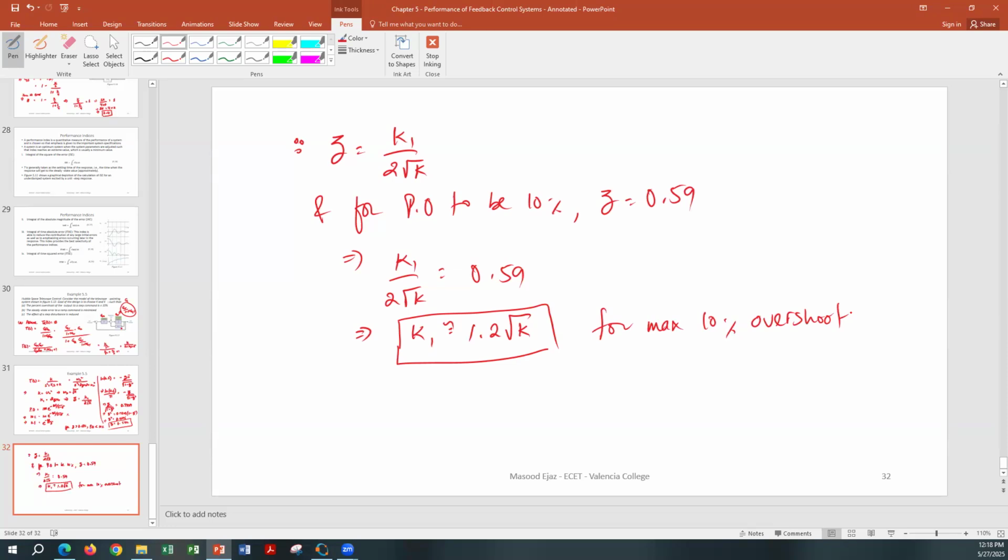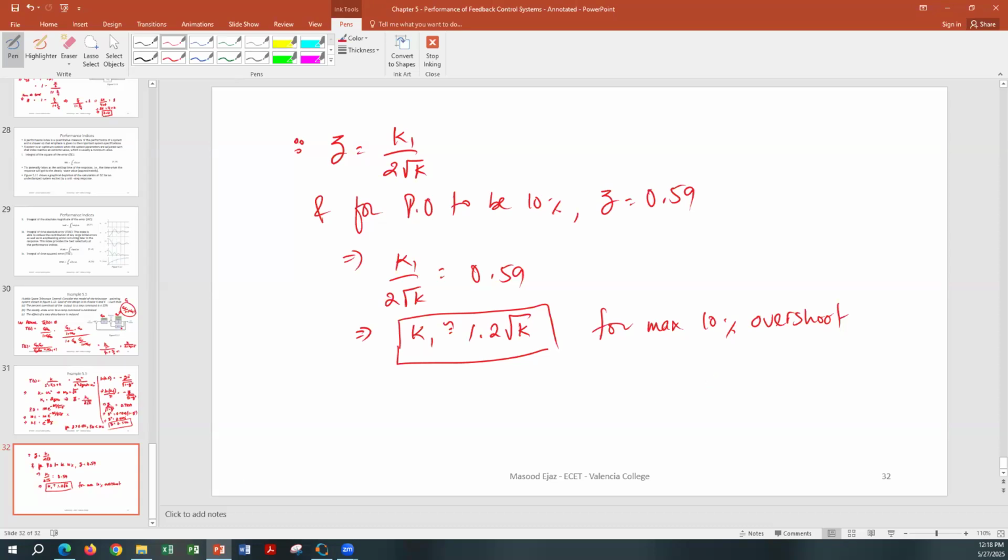Now this has to be combined with the second and third conditions, the B and C, because right now we don't know the specific values. We just established a condition, but it has to be combined with the other two in order to get the specific values of K and K1.